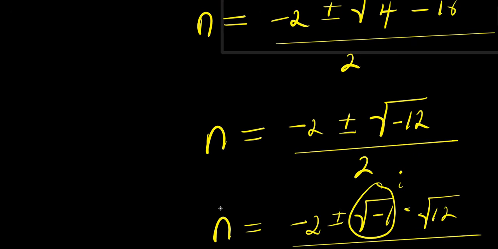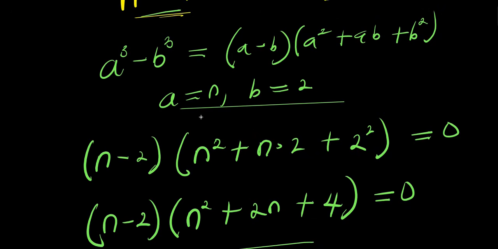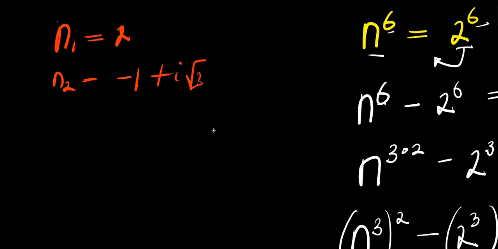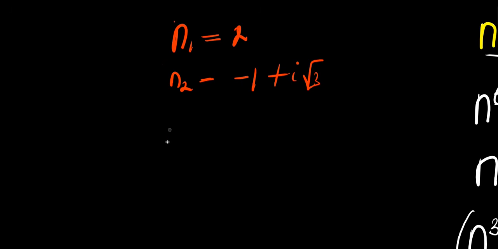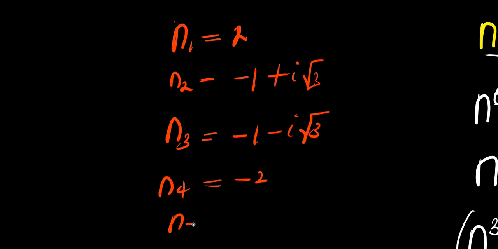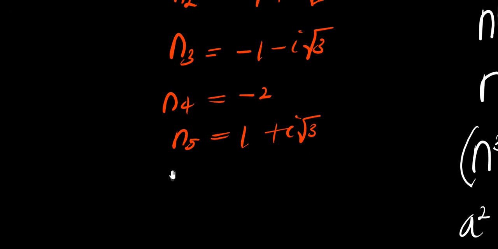So let's write out all the solutions. So we have n3 equals negative 1 minus i times root 3. We have n4 equals negative 2. n5 equals 1 plus i times root 3. And we also have n6 equals 1 minus i times root 3.